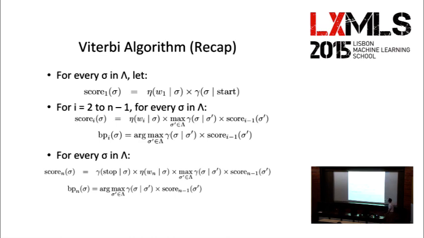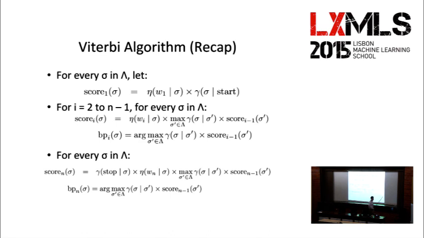So, OK, quick recap. The Viterbi algorithm, very, very cool algorithm for calculating the most probable sequence of states given a sequence of words under the assumption that your data was generated by an HMM whose parameters you know. You first calculate the first column of scores by multiplying transitions by emissions.